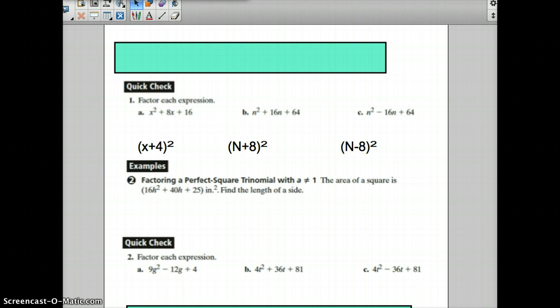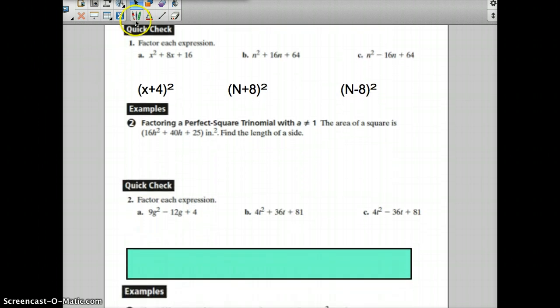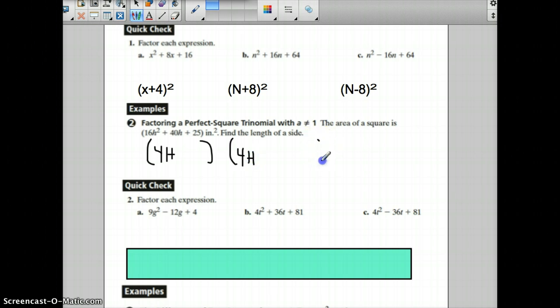Now, let's look at when we don't have an x squared, we have an a value here. Notice this first term is still a perfect square. It's 16h squared. 16 is a perfect square, and so is h squared, and then 25. You can kind of unFOIL: I have 4h here and 4h here, my signs are both going to be positive based on these two signs, and the square root of 25 is 5.